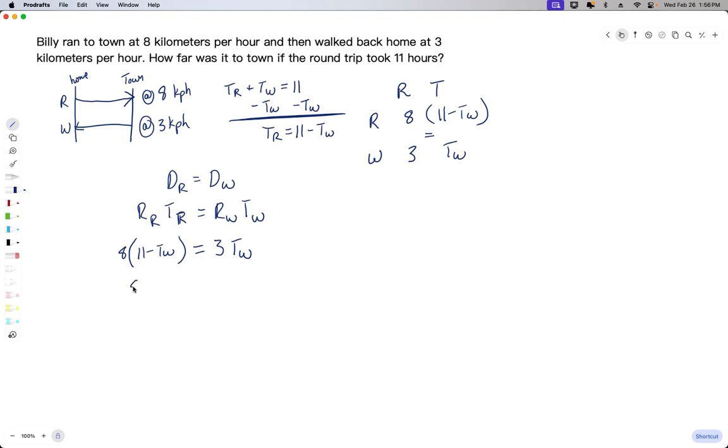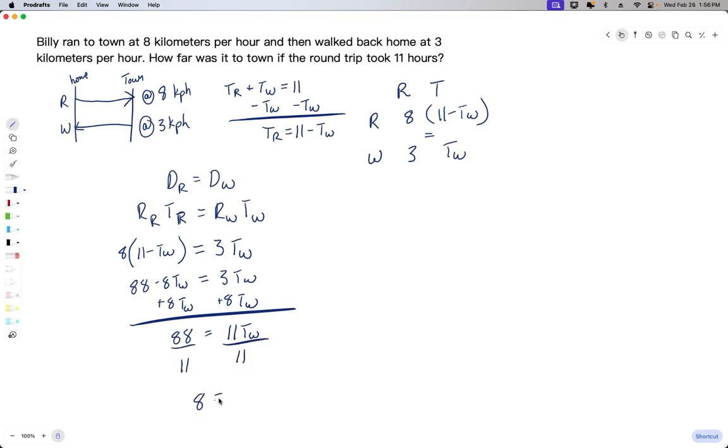So now we multiply. That's 88 minus 8TW is equal to 3TW. If I add 8 TWs to both sides, I get 88 is equal to 11 TW, and if I divide both sides by 11, 8 is equal to TW.